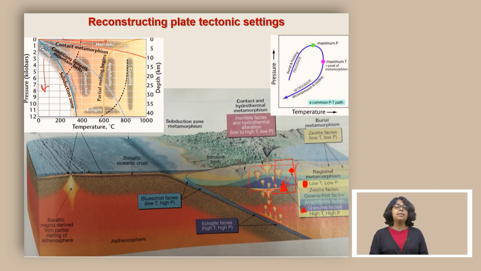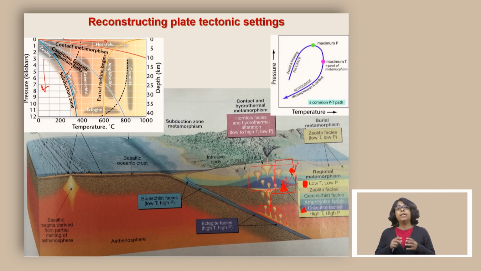And this is really a comprehensive understanding that helps us to reconstruct the old plate tectonic setting. So, even today, the metamorphic rocks that we find on the surface, we can look at them and find out exactly where they were formed by looking at their mineral assemblages.